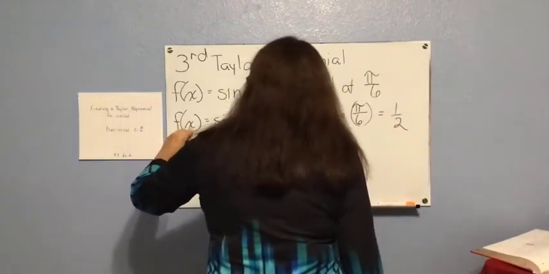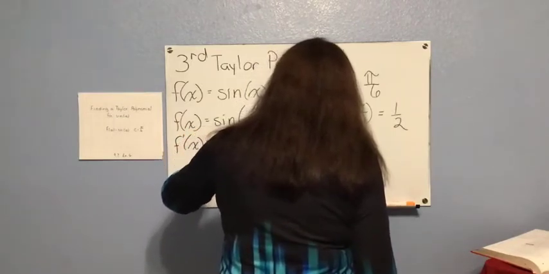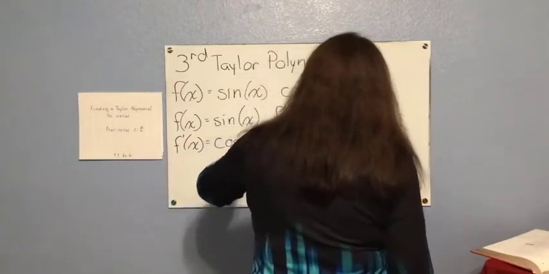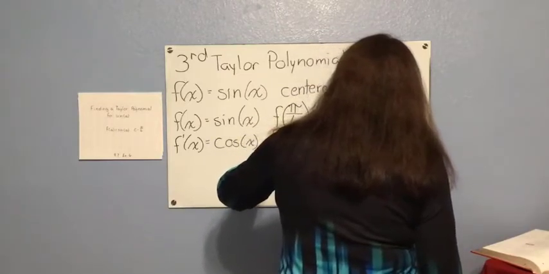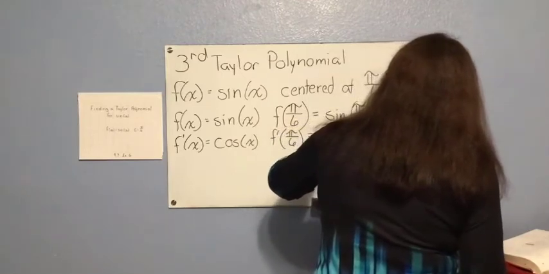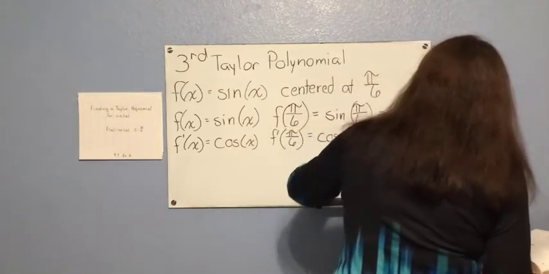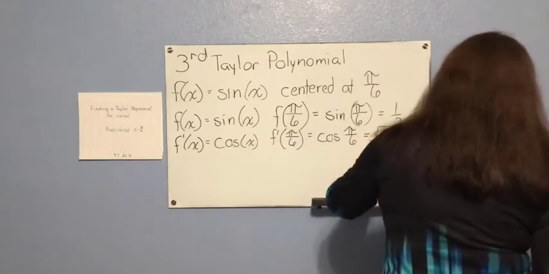Okay, f prime of x is cosine x. So f prime of pi over 6 is the cosine of pi over 6, which is square root of 3 over 2.